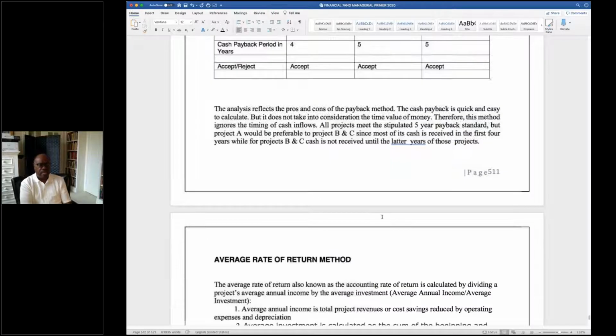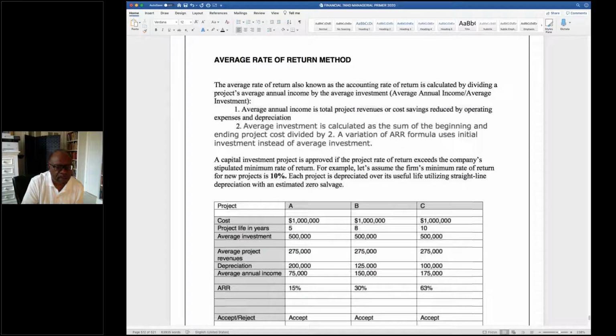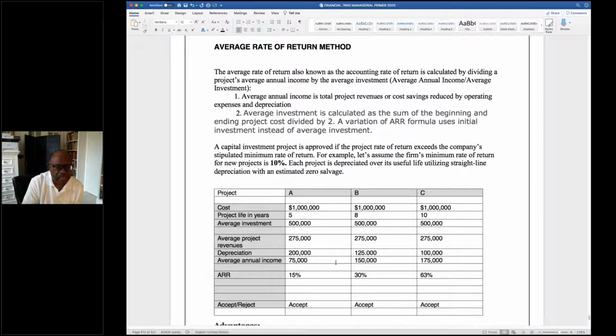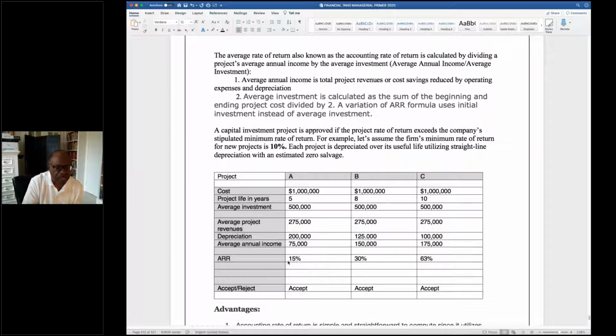So we bring that 275 into this method. But then we subtract depreciation, and we get average net income. Then we get average rates of return of 15, 30, and 63% based on depreciation. If 10% was our minimum rate of return and these projects are generating this income, then we accept all of them.